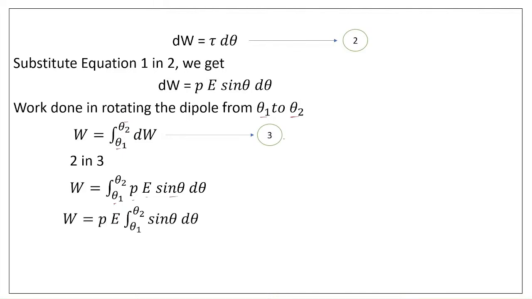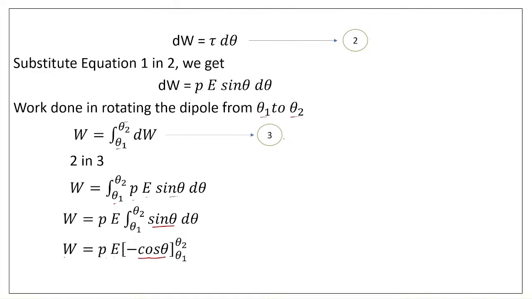Take PE outside, then W is equal to PE integration theta 1 to theta 2 sine theta d theta. Here, integration of sine theta is equal to minus cos theta. Therefore, W is equal to PE into bracket minus cos theta from theta 1 to theta 2.